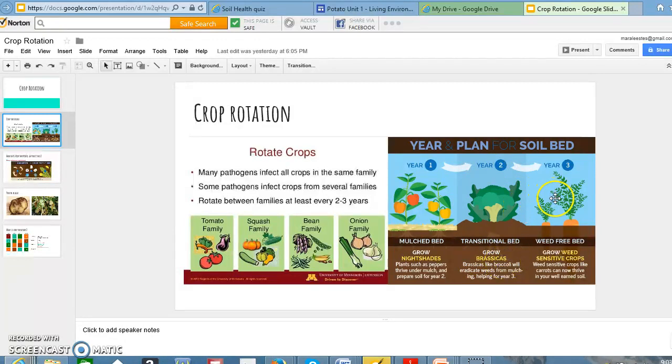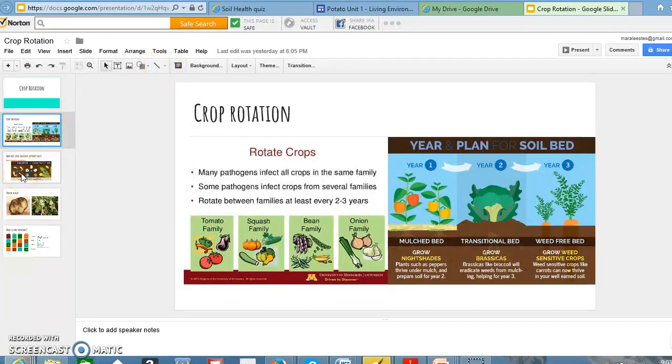And then the third year we could not go back to planting potatoes again in that spot. We would plant carrots, something that's also in a different family. Okay, so as you can see, each year we plant something from a different family in the same spot. Doesn't mean that we can't plant potatoes at all. We're just not going to plant them in the same place.